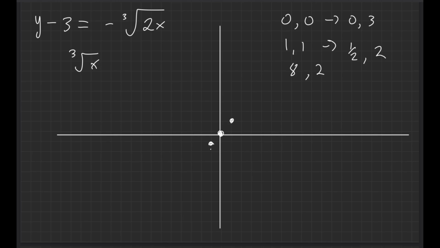So just put in some values like that: (-8, -2), and then (8, 2). And then it will basically look like this for the function. And that's before doing the transformations.